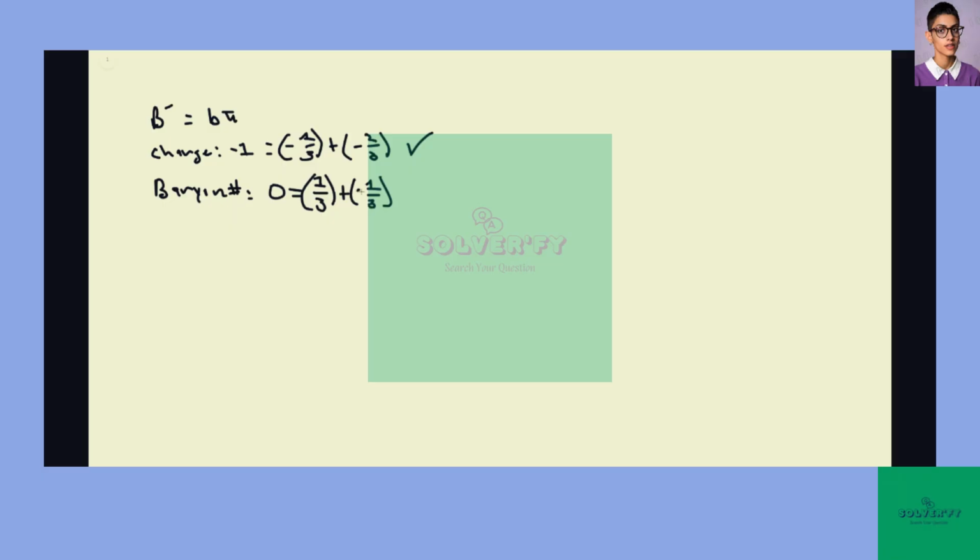So 1/3 plus -1/3 is equal to 0, so that's conserved. Now let's look at strangeness. The strangeness of a B meson is 0, and the strangeness of the bottom and up quarks are both 0.